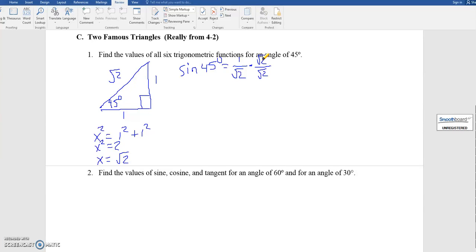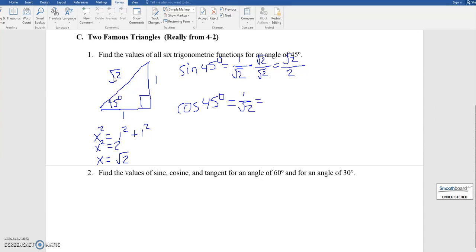So when I do this, I multiply the tops together. 1 times square root of 2 is square root of 2. Square root of 2 times square root of 2 is square root of 4, which we hopefully remember just reduces to the number 2. Okay, cosine of 45 degrees. From 45 degrees, adjacent is 1 over hypotenuse square root of 2.